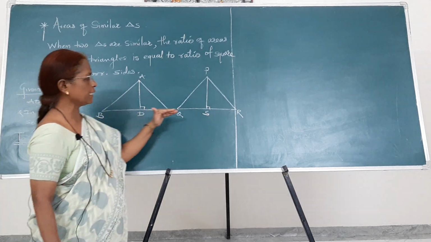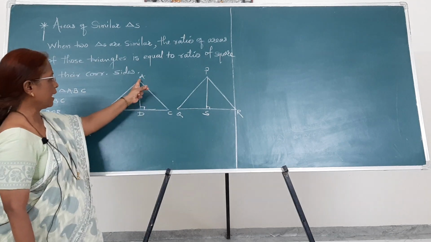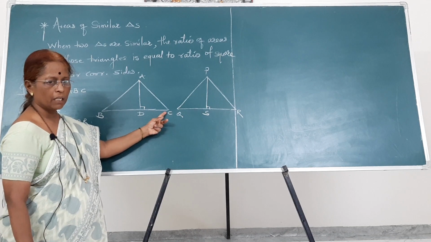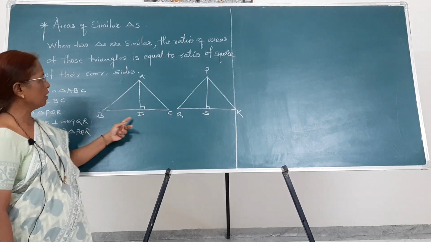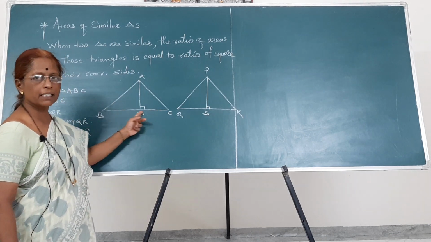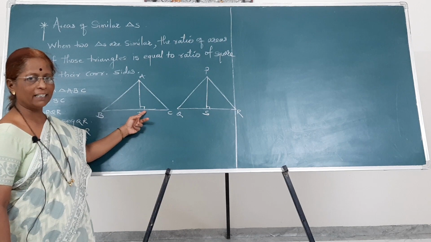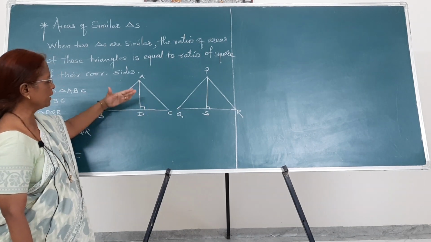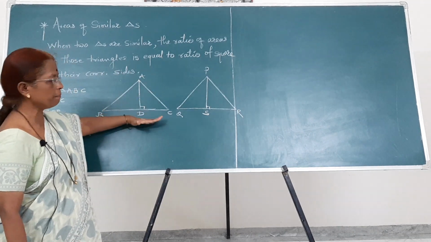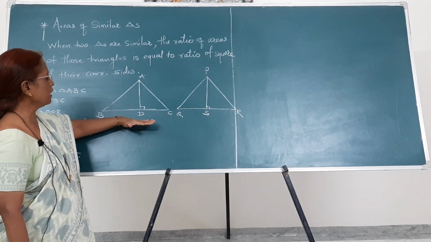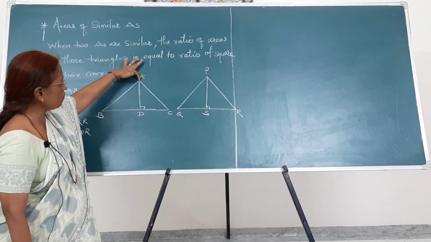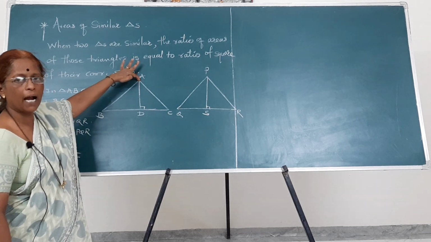Now the corresponding sides are BC and QR because we had considered vertex A and AD is perpendicular on BC. So BC is our required side, or the side we expect, because see what happened in the triangle. 3 possible cases are there: AB is a side, AC is a side, and BC is a side. But now here in this case I had considered BC as our side because from vertex A the perpendicular was drawn.